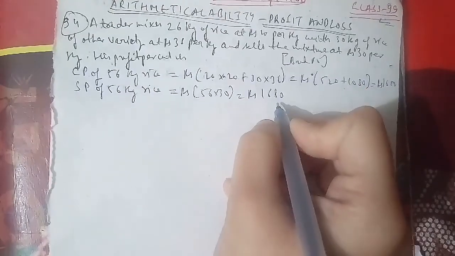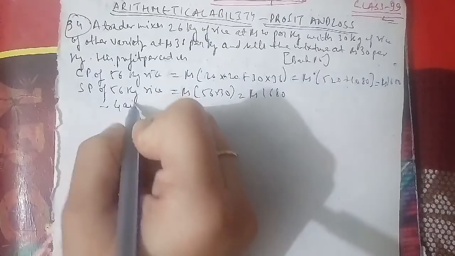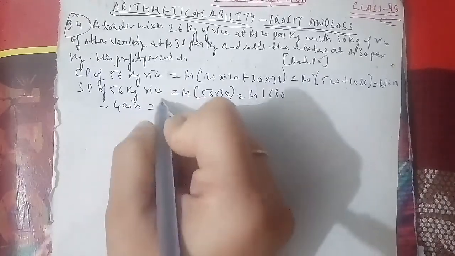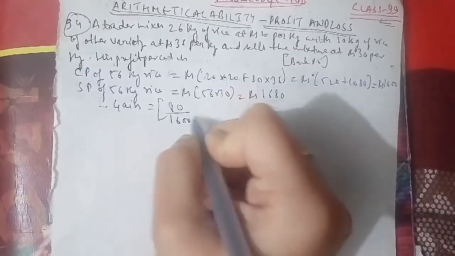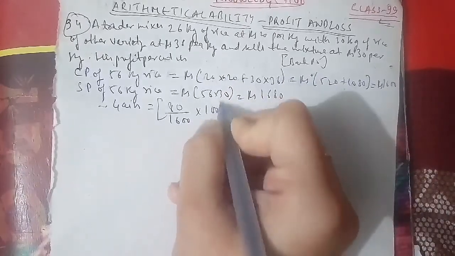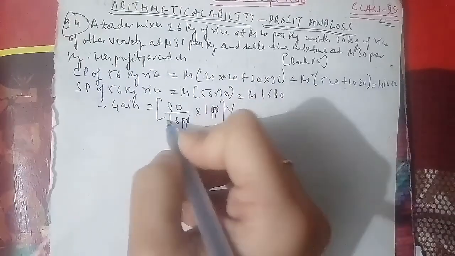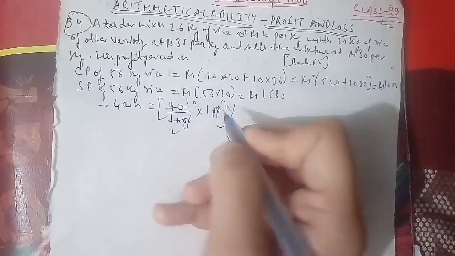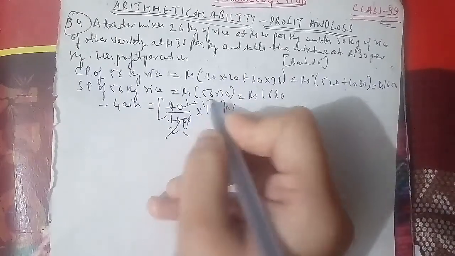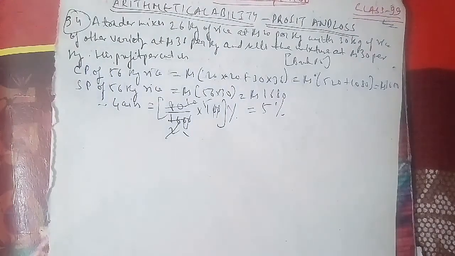The gain is 80 upon 1600 into 100%. The zeros cancel, 8 2s are 16, 8 1s are 8, and so we get the answer as 5%.